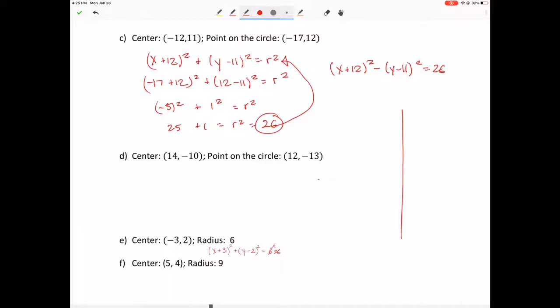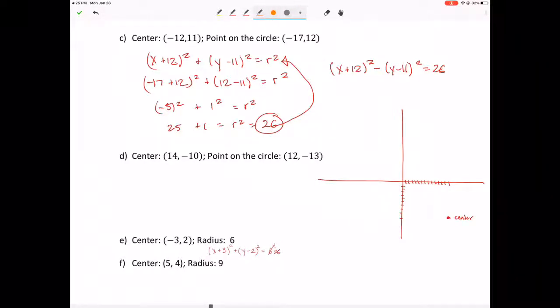Okay, so say this is our graph, and they give us the center. It's at 14 and negative 10. 1, 2, 3, 4, 5, 6, 7, 8, 9, 10, 11, 12, 13, 14, and 1, 2, 3, 4, 5, 6, 7, 8, 9, 10. Okay, so we have a point somewhere. Best I can do is something like that, okay? So that would be our center.